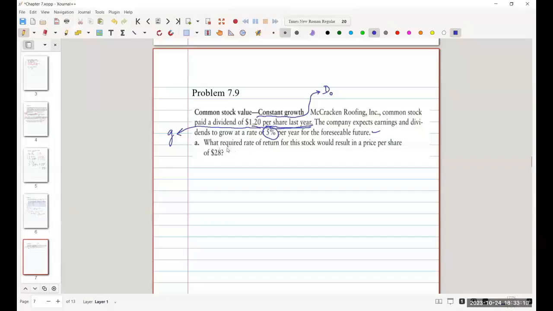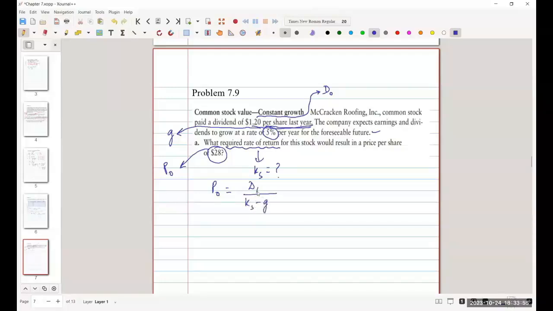What required rate of return for this stock would result in a price per share of $28? So this is P0; the price is given. The required rate of return, Ks, is what is supposed to be calculated. So Ks becomes the subject of the computation. We can write P0 equals D1 over Ks minus g.